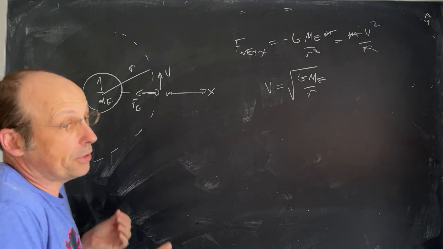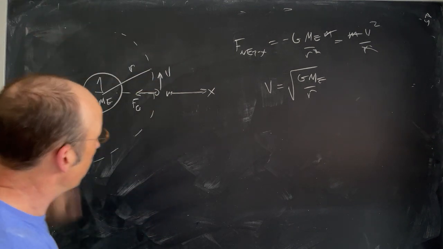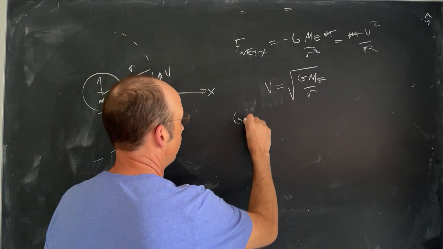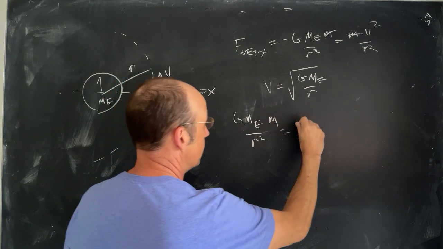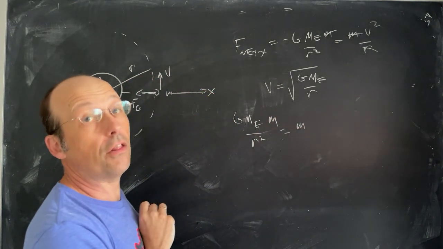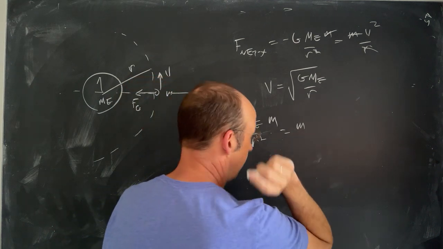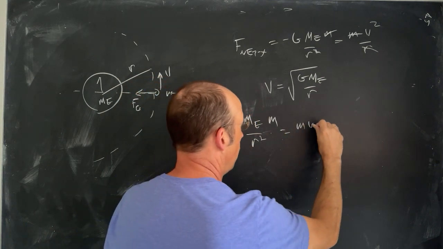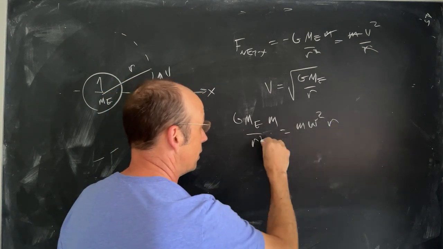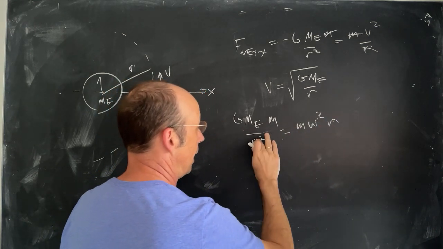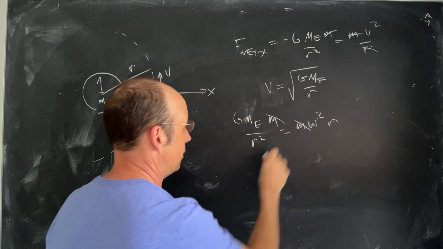Now, it might sometimes be easier to talk about the period of rotation. So I could write this as G times the mass of the Earth times m over r squared is m, and I'm going to use the other expression for the centripetal acceleration, omega squared times r. In this case, this r does not cancel, but if I divide by that, I get r cubed. That mass still cancels.